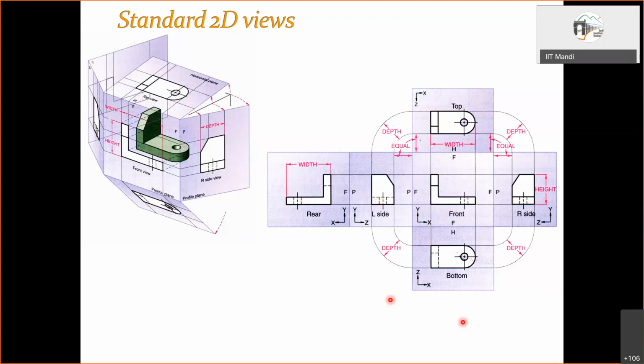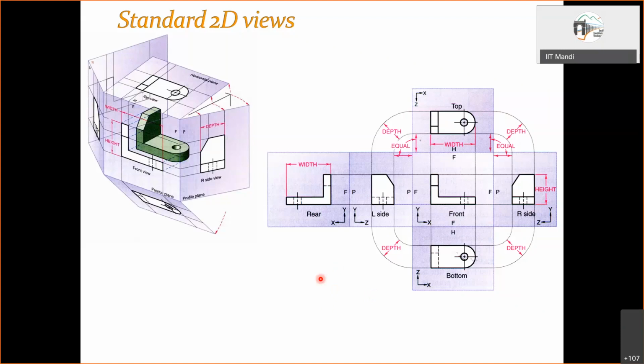This actually is giving us maximum possible views, but generally we won't require these many views. Generally we'll require, say, either front view, top view, only one combination, or it can be front view, top view, and side view. Generally this much only is needed. These additional views, whatever have been shown, these might only be required for very intricate objects.